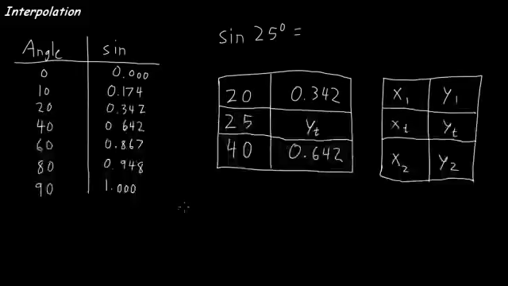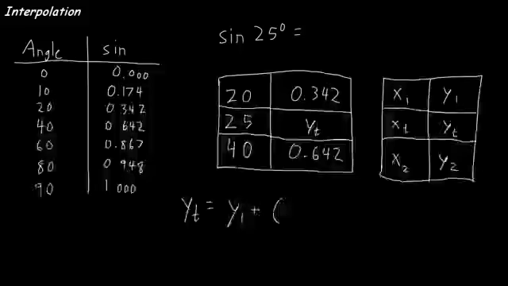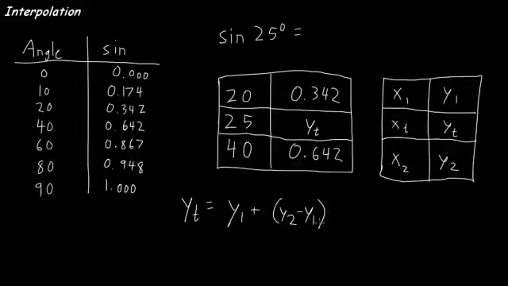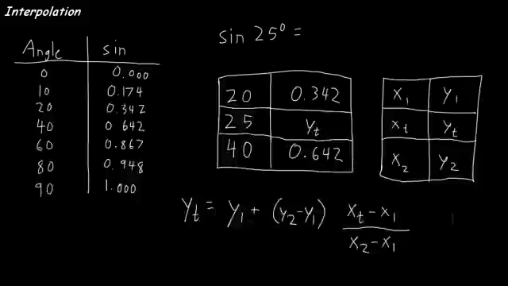So the formula can be written like this: yt is equal to y1 plus, in parentheses, y2 minus y1, times the fraction xt minus x1 divided by x2 minus x1. This is kind of a messy formula.